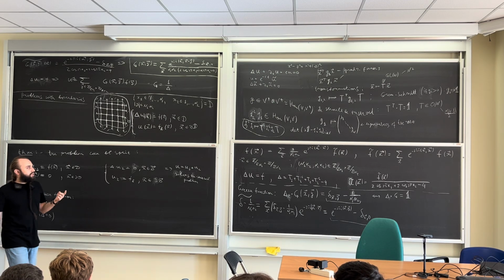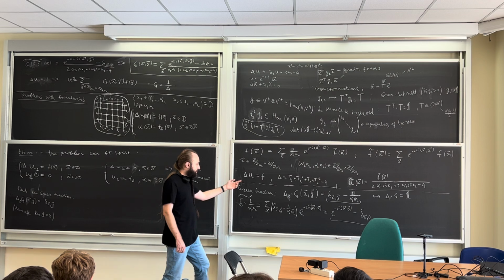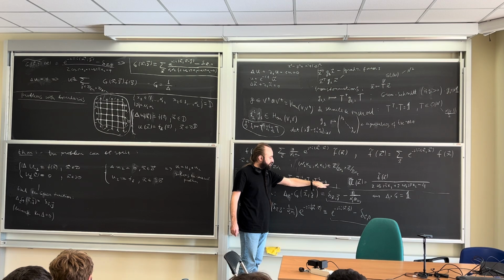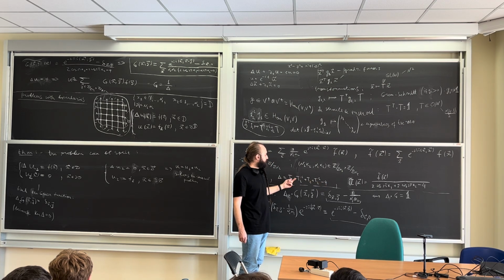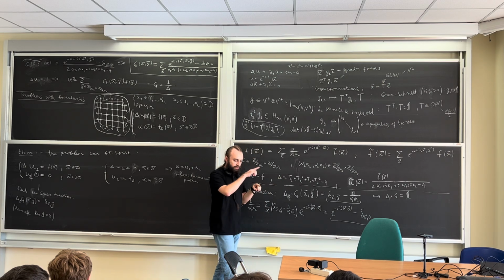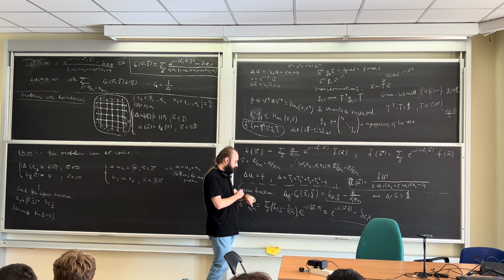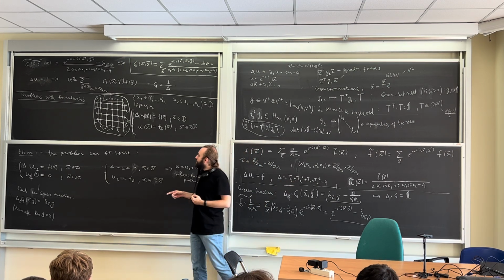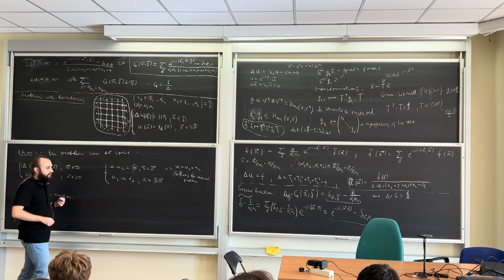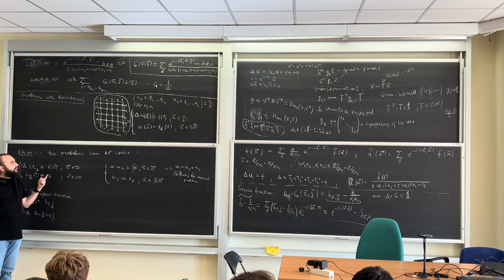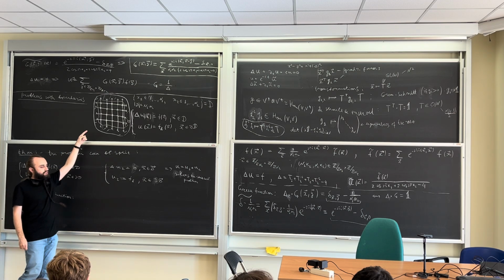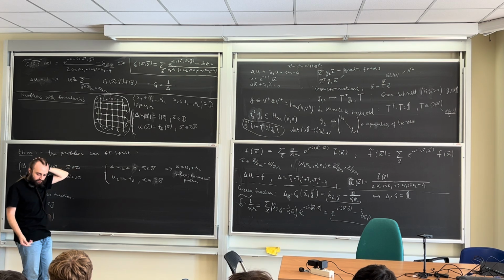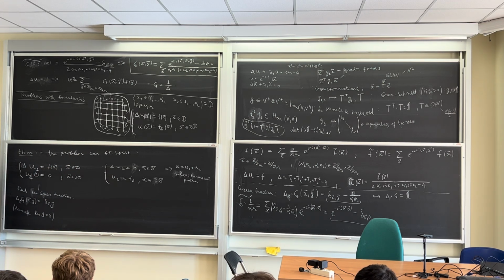So the argument was that, because of the nature of this Laplace equation with the right-hand side, the value of the function in the middle is the average value of the function in four neighboring points. If we apply this argument for the domain with boundary, it means that this function cannot have a minimum or maximum inside the domain, so it has it on the boundary, but boundary values are zero.